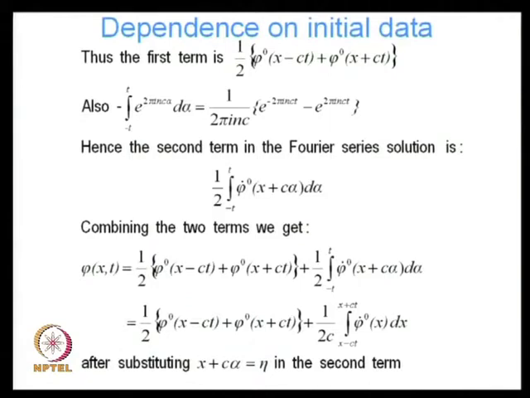From our solution, we find that the solution depends only on the initial condition, but the initial condition is totally consistent with the boundary condition. So, when it satisfies the initial condition, it also satisfies the boundary condition. That is why you do not see the boundary condition explicitly in the solution.